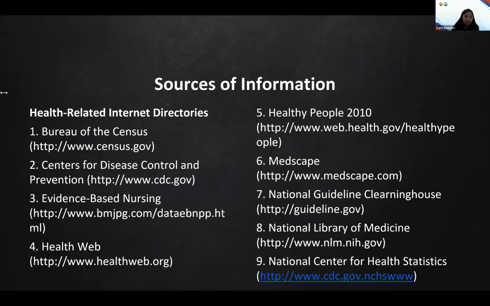Healthy People, there's already Healthy People 2030. Medscape, usually there are a lot here. And then you have your NLM, NIH, and CDC. Usually government websites would also have, especially if you want to look at statistics, world database, you can look at that.